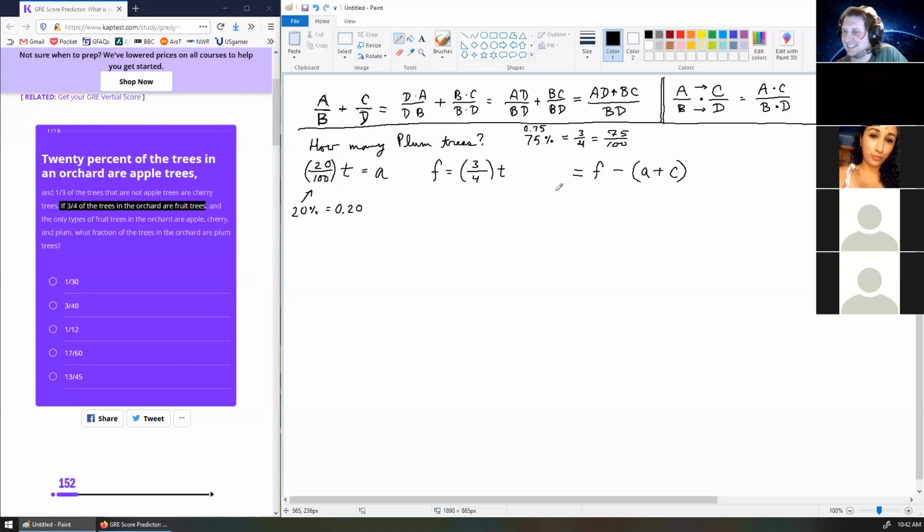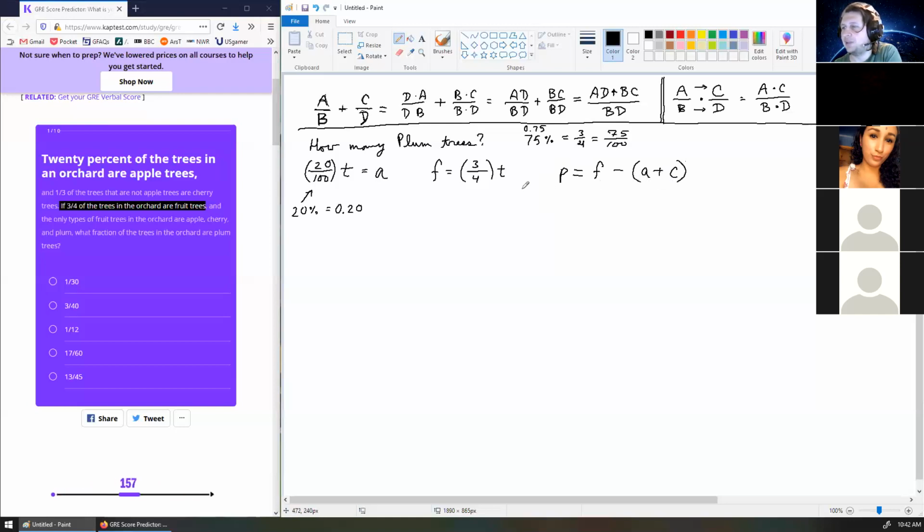Okay, so is everyone okay with this sort of notation here? The number of plum trees is equal to the fruit trees minus the apples and the cherries. So we need to figure out what A is, what F is, and what C is.